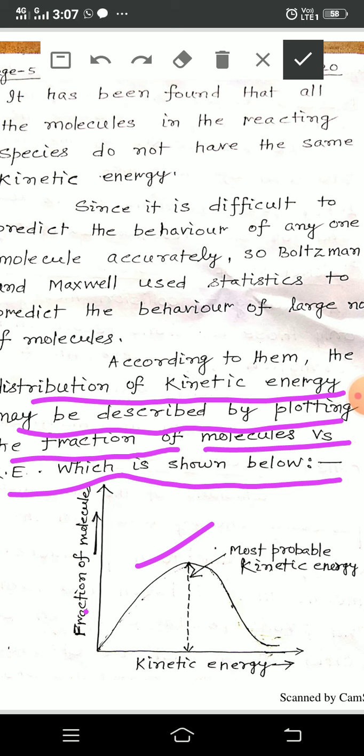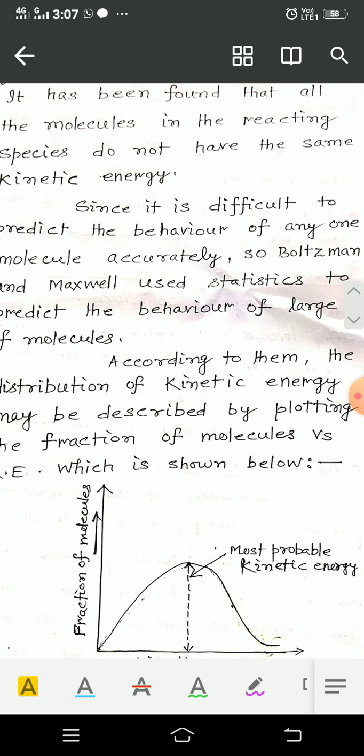That's why it is written here most probable kinetic energy. So this much fraction of molecules have the kinetic energy to give the products. This is shown by this graph here.